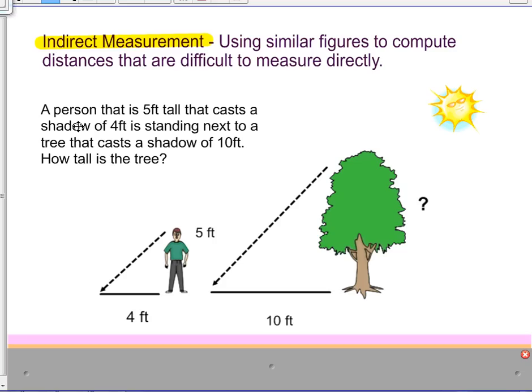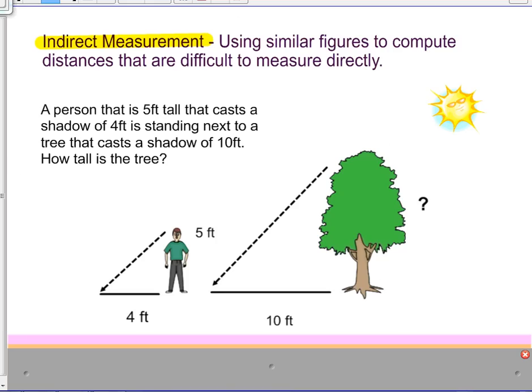using this particular drawing down here, we have a person that is 5 feet tall that casts a shadow of 4 feet, standing next to a tree that casts a shadow of 10 feet. We want to know how tall this tree is.